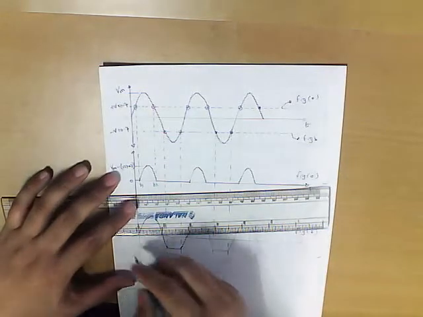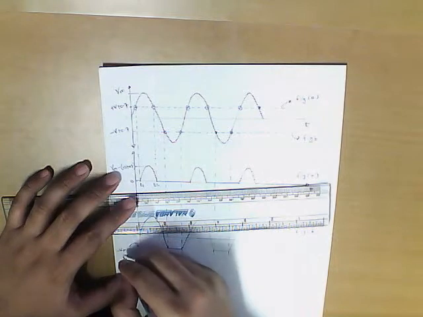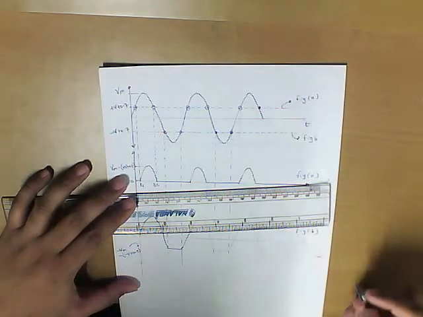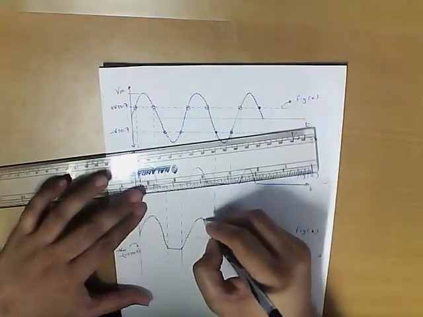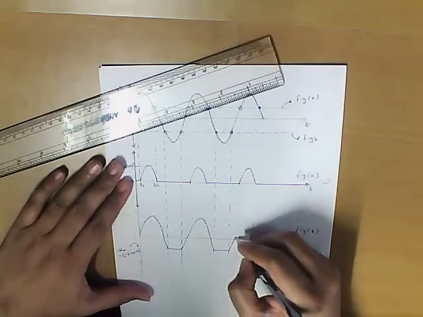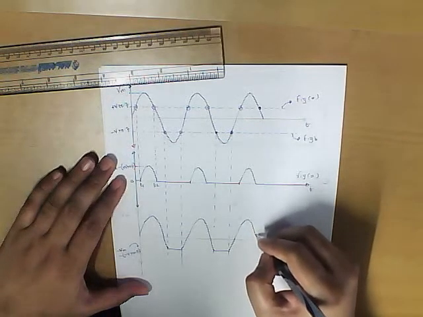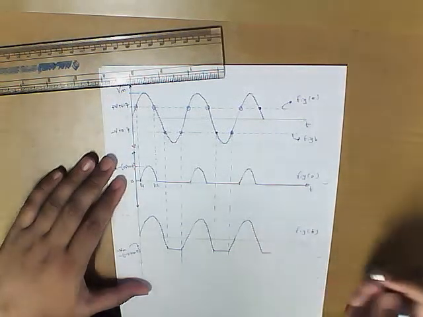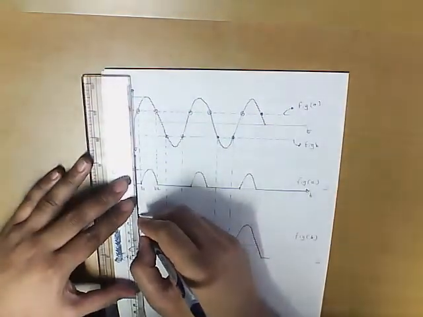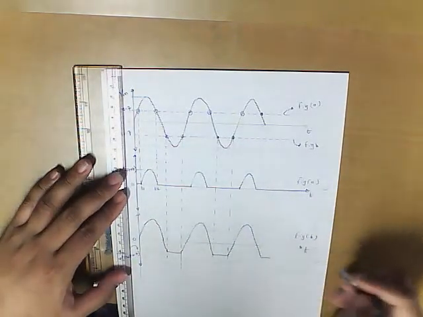So this level is minus Vm minus V plus 0.7. And let us just show this clipping. So that is how you draw this, and this is the zero reference, and again you can show the amplitude axis, and here we have the time axis.